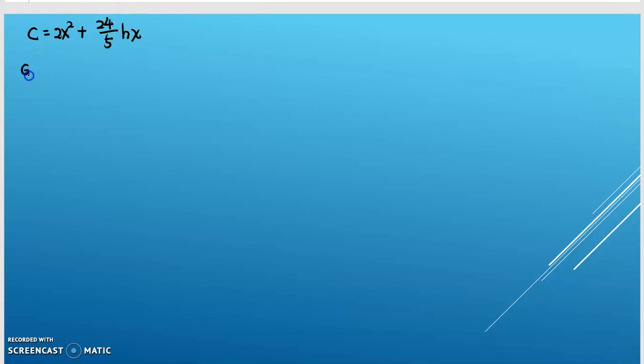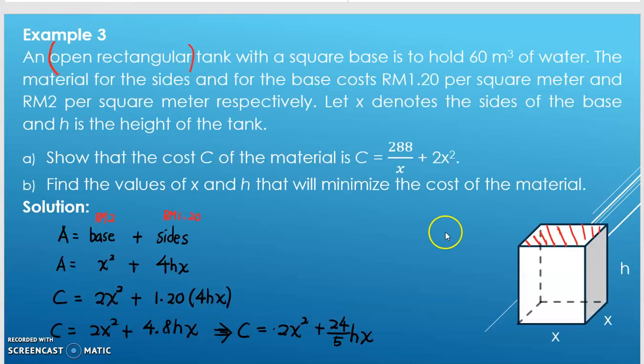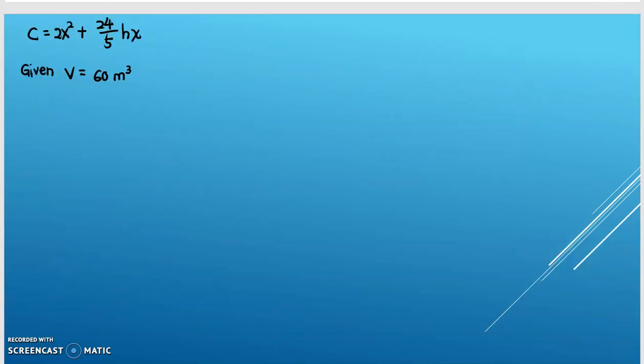As the question mentioned, the volume of the open top rectangular tank is 60 meter cube. So the volume will be x squared h, which is equal to 60. So h is equal to 60 over x squared.